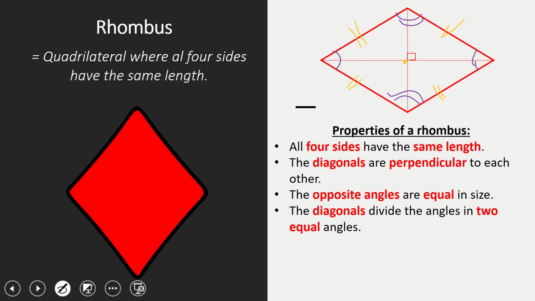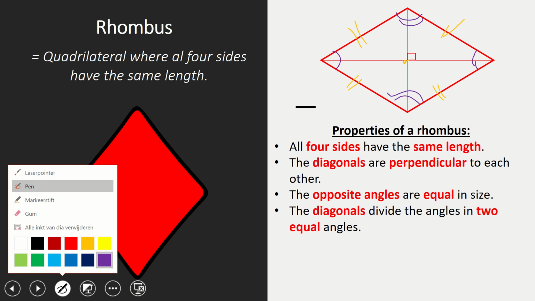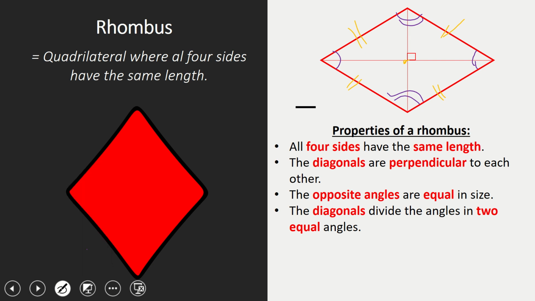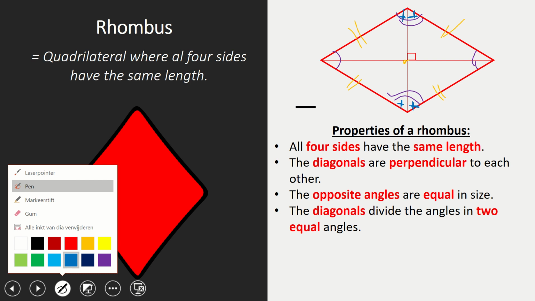The diagonals divide the angles in two equal angles. So that means that this is the same as that. It's really divided into two equal pieces for the opposite side as well, because they were equal in size, I mean.